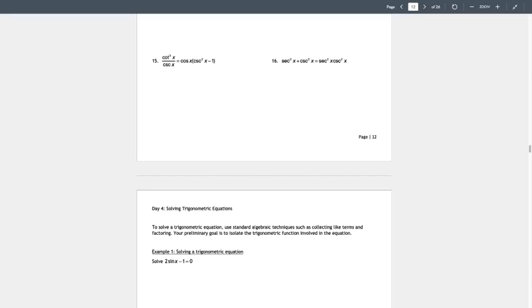Okay, on the next one, let's see. I guess I'm going to work on the right. So I'm going to distribute this. Well, no, I'm not. I'm sorry. I'm going to notice that this right here is a Pythagorean identity. So I'm going to change it to be cotangent squared x. Cotangent squared x in terms of sine and cosine is the same thing as cosine squared x over sine squared x.